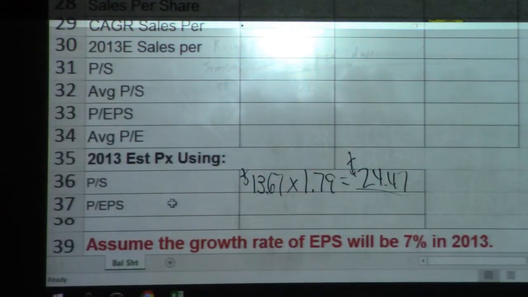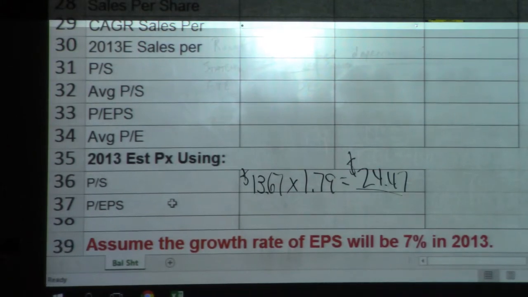Now we're going to find our price based on price to earnings. So our earnings per share estimate is 0.85. Let's see, where's that number? I know I wrote that down. It's 0.85.